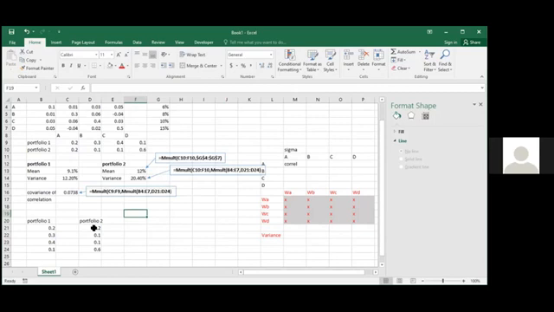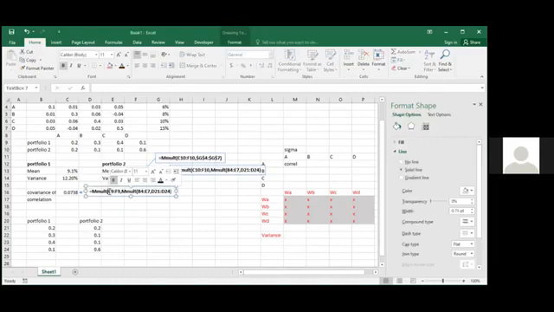D21 to D24 means, column-wise, the second portfolio proportions. So at the beginning we consider the first portfolio proportions, and at the end of the equation we consider the second portfolio proportions.